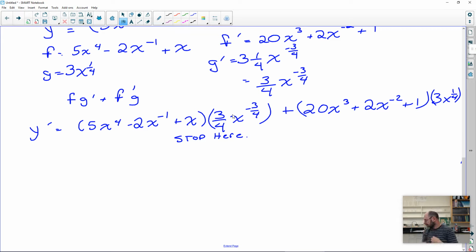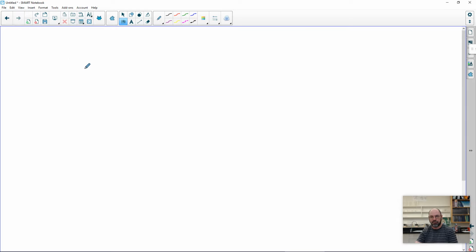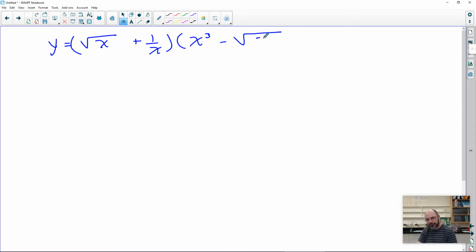Let's do an example with a double root one in it as well, and then we'll do one with three products in a row. So let's say that we had y equals the root of x plus 1 over x, multiplied by x cubed minus the cube root of x.